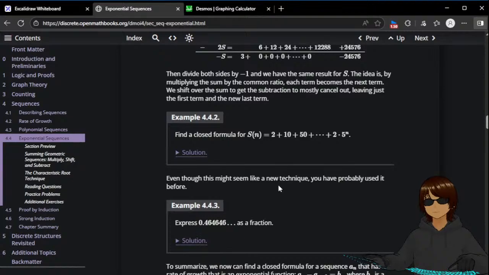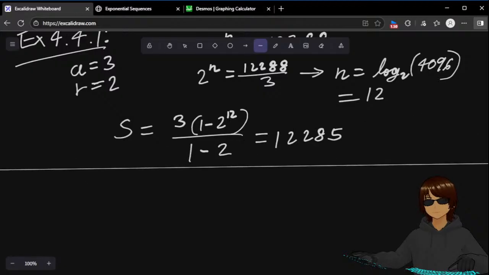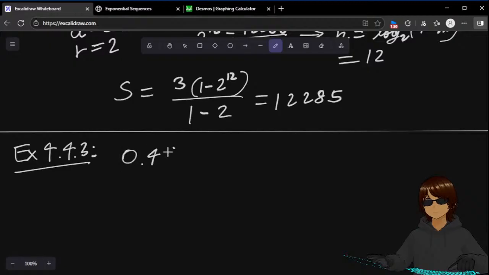Even though this might seem like a new technique, you've probably used it before. 0.46464646, example 4.4.3. We represent it like this, right? Recurring relations.